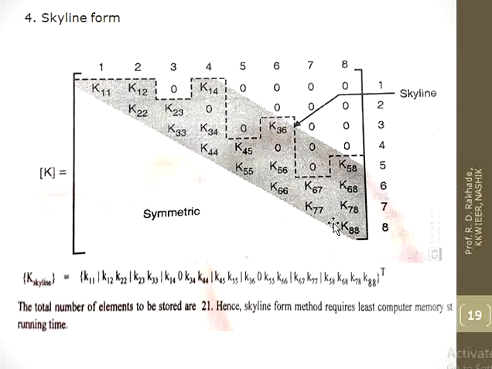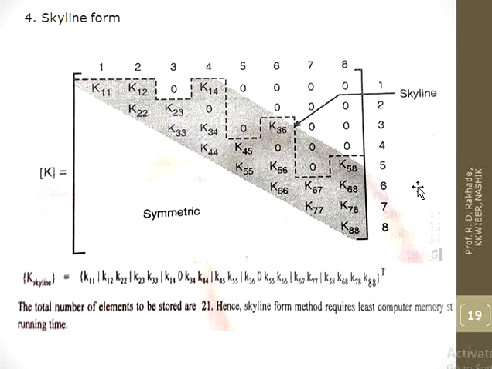If you count the cells, 1, 2, 3, 4, 5, 6, 7, 8, 9, 10, 11, 12, 13, 14, 15, 16, 17, 18, 19, 20, 21. But if you apply full size, we require 8 by 8, means 64. That 64 is converted into how much, I actually forget. Counting 1 to 19, only 19 cells.